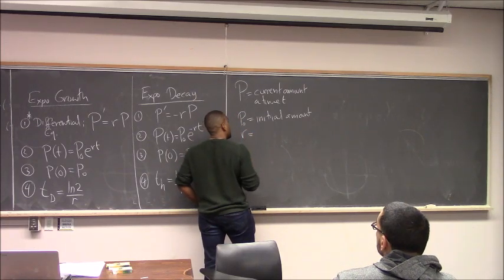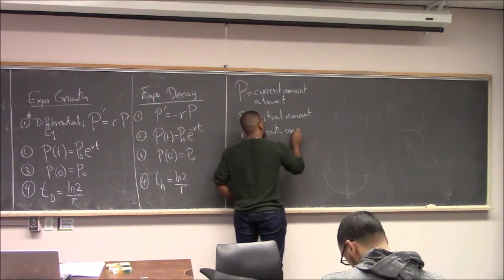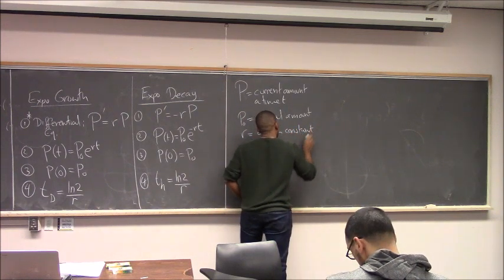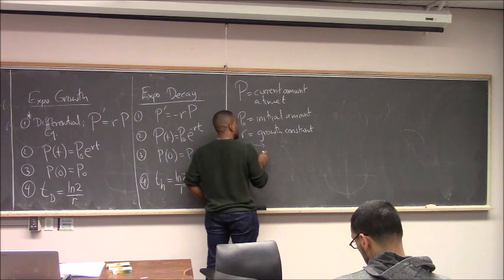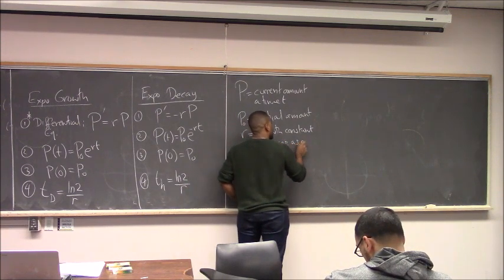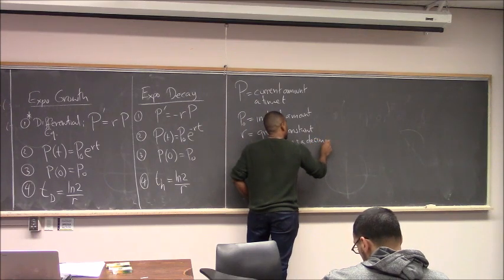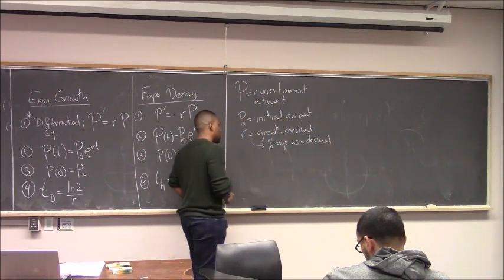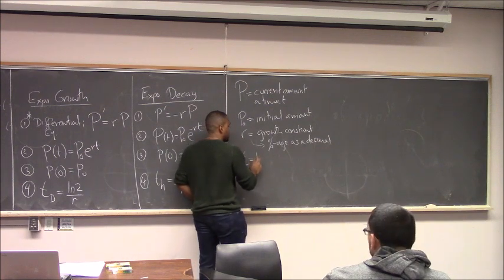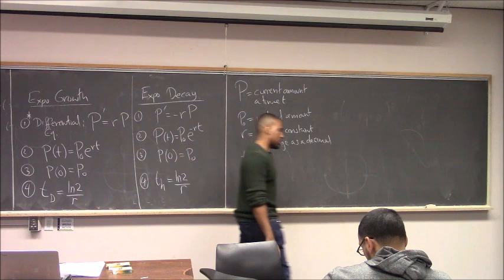R is called the growth constant. So this is usually the percentage as a decimal. So they'll tell you a percentage at which it's growing, and if you write that as a decimal, that will actually give you the r. And of course your t is time, the units of which will usually be made clear in the question.